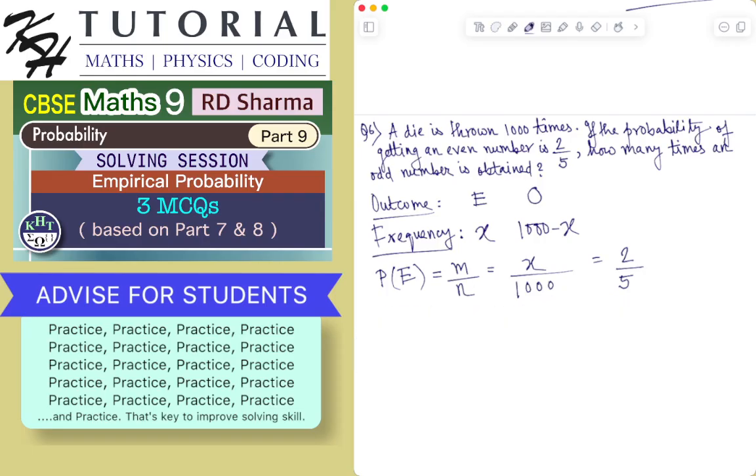Okay, so we have this. Now clearly, if I solve for x, this will imply x is equal to 2 by 5 multiplied by 1000, which will be 400.